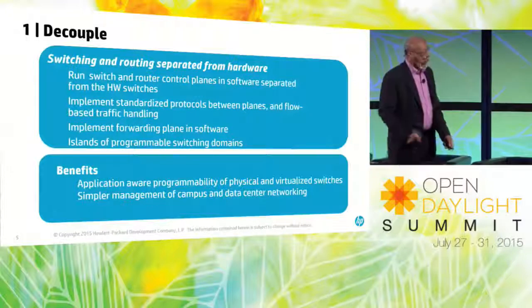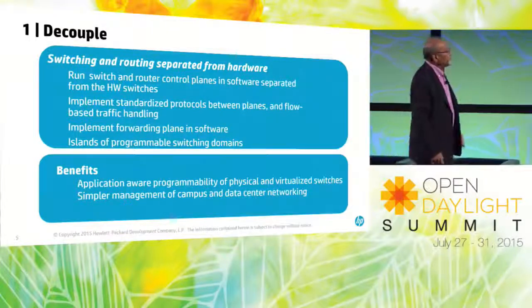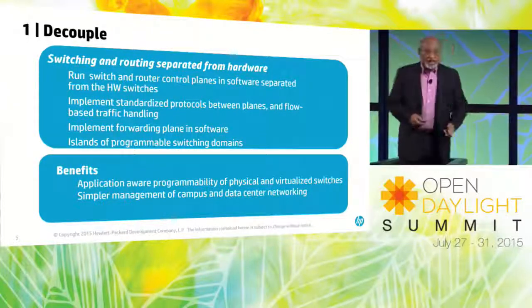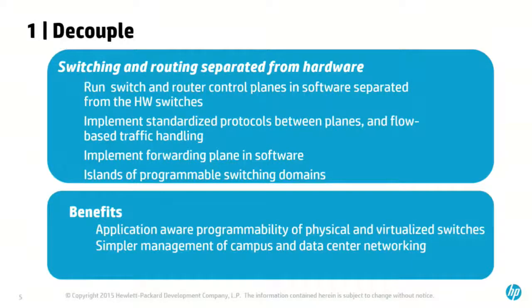So let me say a little bit more about each of these things. Decouple is essentially, now I have the control plane separated from the hardware. I implement some standard protocol between these, OpenFlow, for example. I implement some forwarding plane in software. I have vSwitches, things like that.